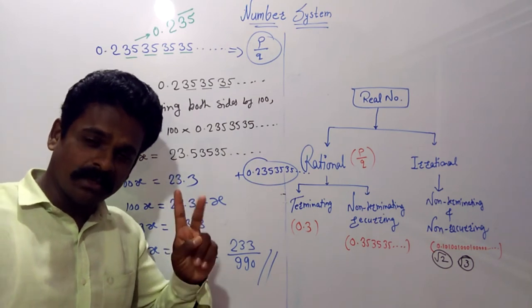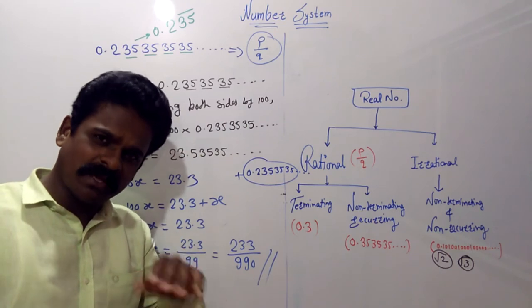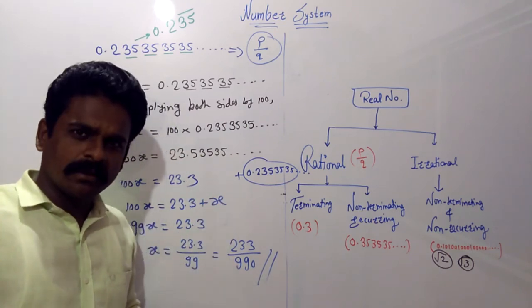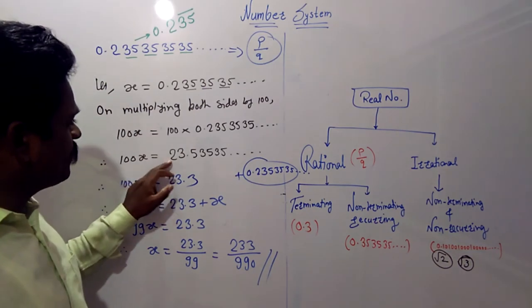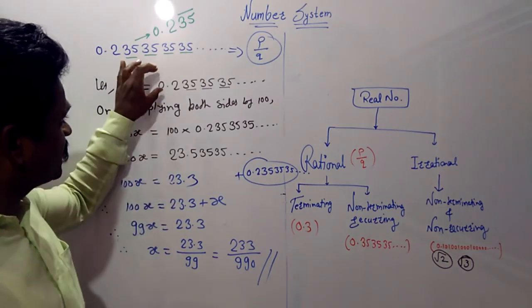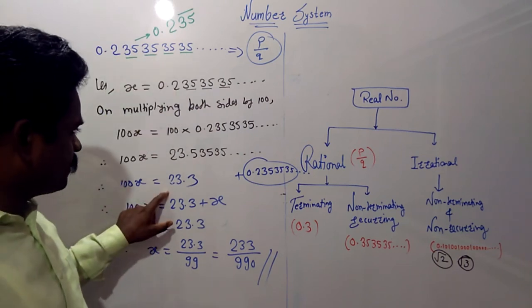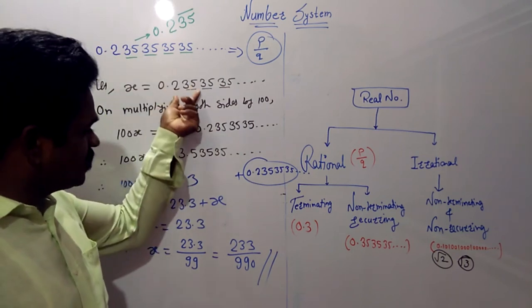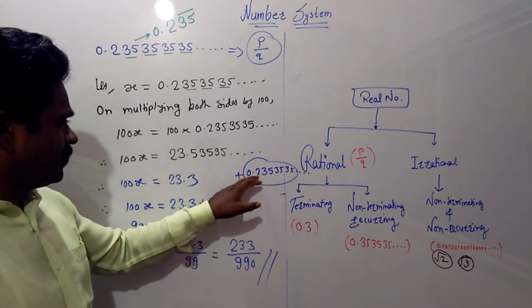If two digits, 100; three digits, 1000; four digits, 10,000, and so on. And once you do this step, after this step you have to just adjust the given number, this x, in this step.